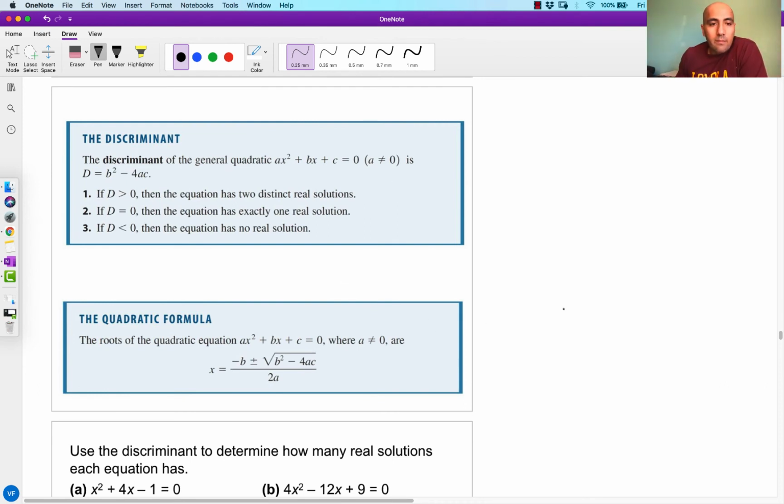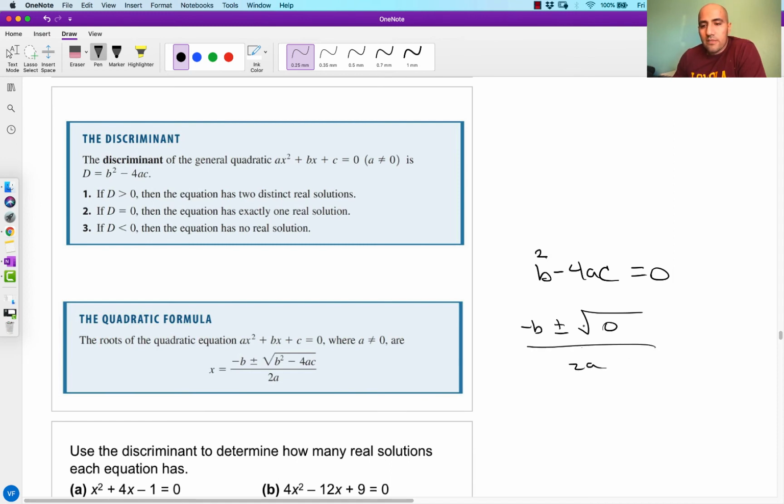So let me combine that. If we have b squared minus 4ac, and this part is exactly equal to 0, then we'll have negative b plus or minus the square root of 0, all over 2a.